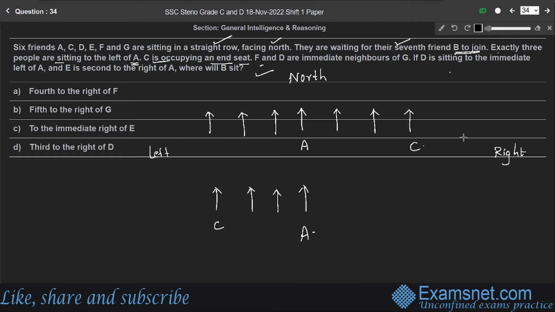Next, F and D are immediate neighbors of G. We don't know where exactly G is sitting, so we'll consider this point later.